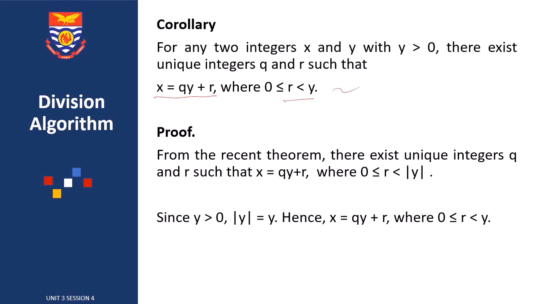From the recent theorem, there exist unique integers q and r such that x equals this, where y is positive, that is y greater than 0. So x equals qy plus r for this interval. So simple, we can see the beauty of mathematics.